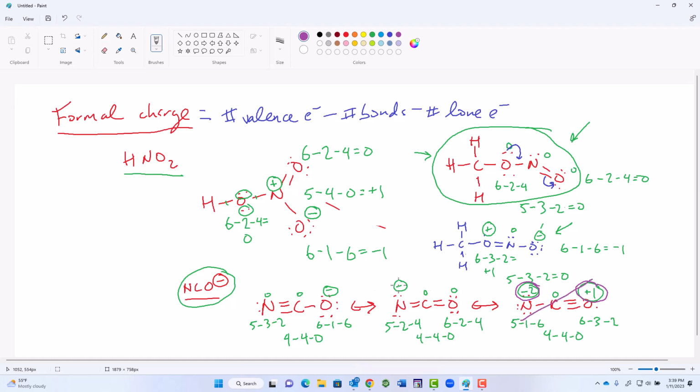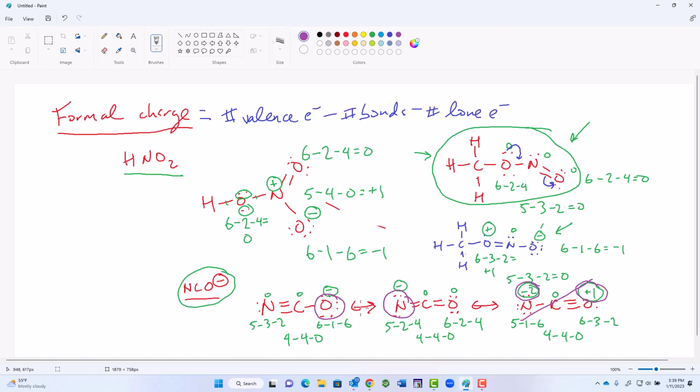Now for the other choice, we have a minus 1 and a minus 1, so we can't compare magnitude or type of formal charge. So we have to choose based on where the formal charge lies. In this case, we have the formal charge lying on nitrogen. And in this case, on the left, we have the formal charge lying on oxygen.